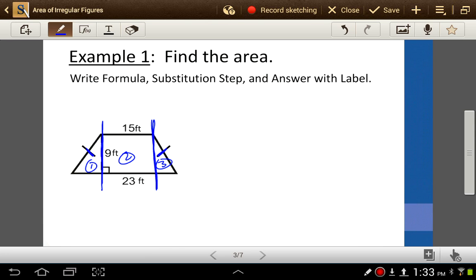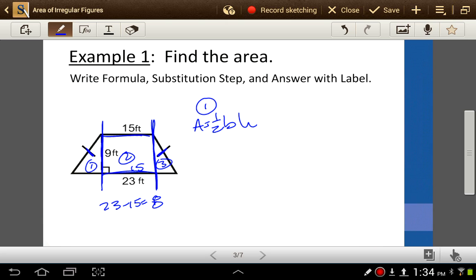So my first area is a triangle. So that's going to be area equals 1/2 base times height. Write my formula every time. Now I'm going to substitute in my dimensions. Oh wait, I don't know my base. Can I figure it out? Yes, you can. If I know this is 15 here, that means this right here is also 15. Now the whole thing is 23. 23 minus 15 is 8.